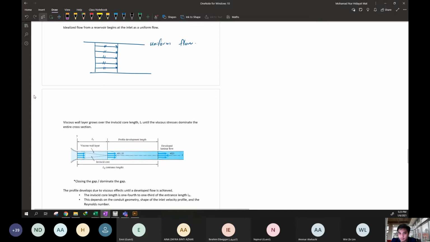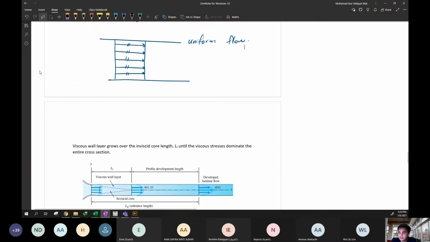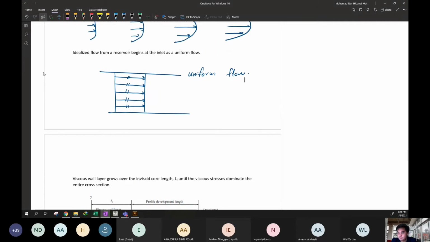I believe maybe some of you repeat from the previous section. You learned the Moody chart. So in order to understand more, please focus on this. This is a very important concept about the flow.